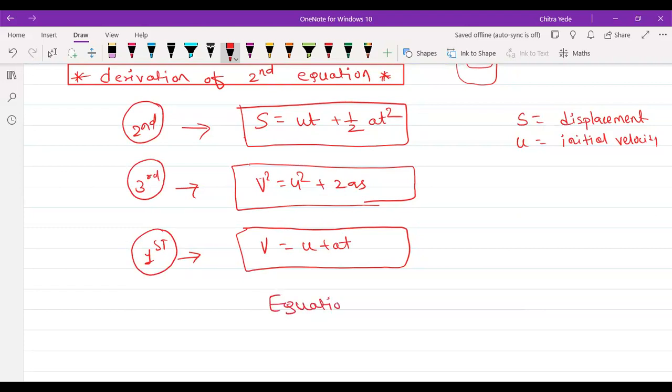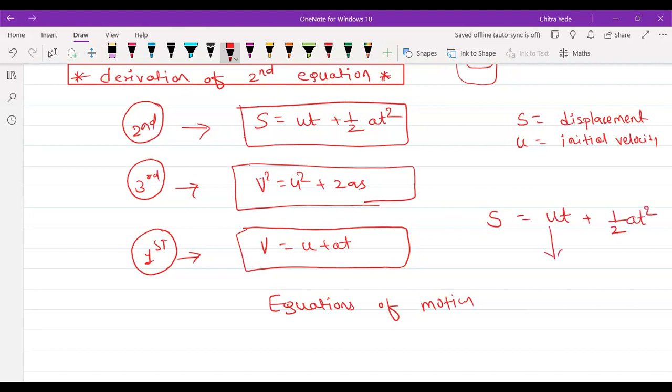Can you explain the second one? We stopped at the second equation of motion. See, if you want to calculate displacement s, you must have the initial velocity and the time, plus you add half a t square.